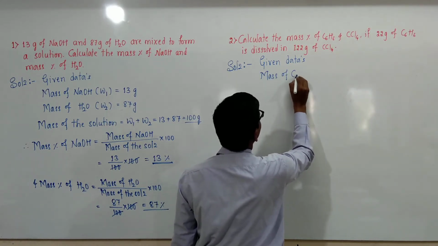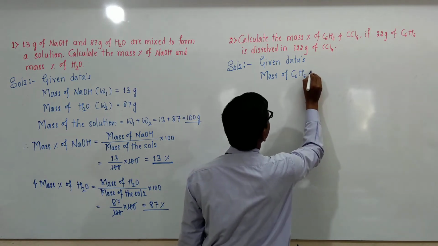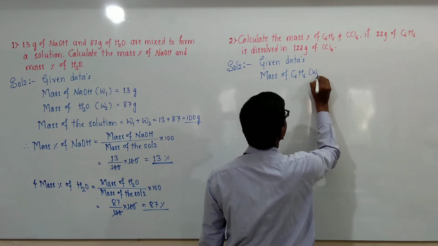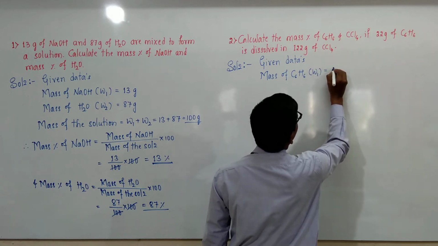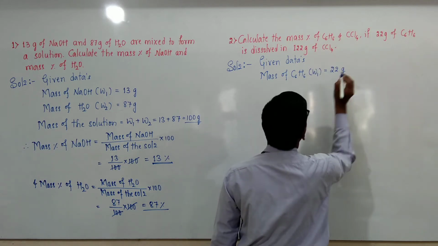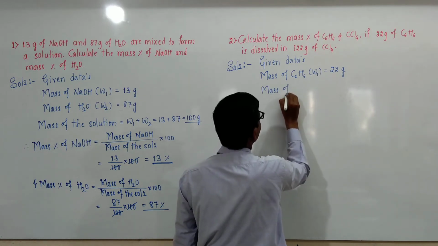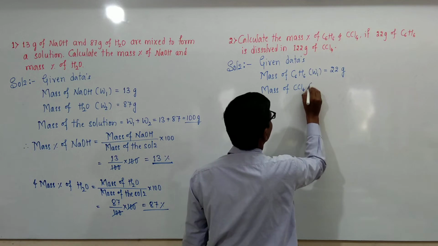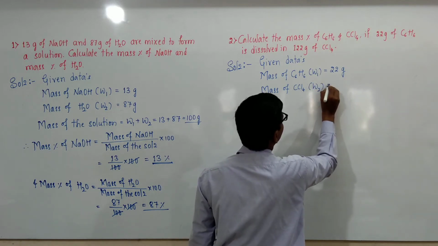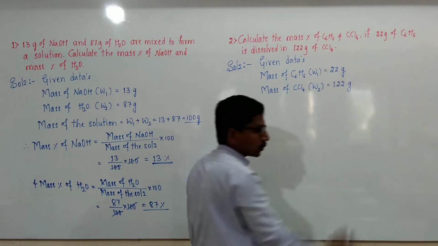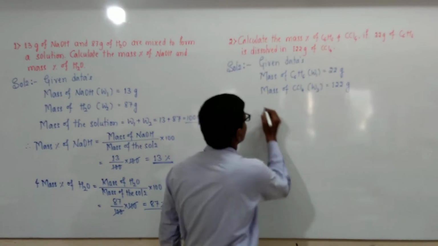Given data: mass of benzene, let us consider this as W1, is 22 gram, and mass of carbon tetrachloride CCl4, that is W2, is 122 gram. From these two we can calculate the mass of the solution.